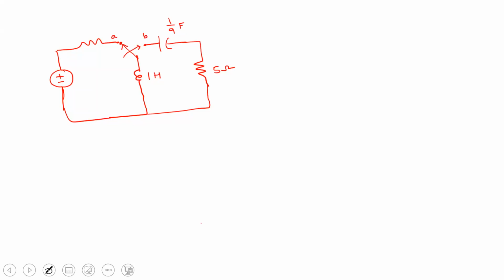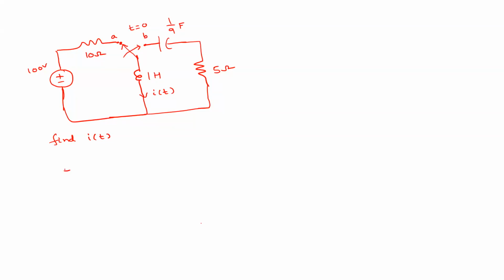At t equal to 0, the switch is moved to B. Initially the switch is at position A and it is moved to position B at t equal to 0 seconds. So find I of t.